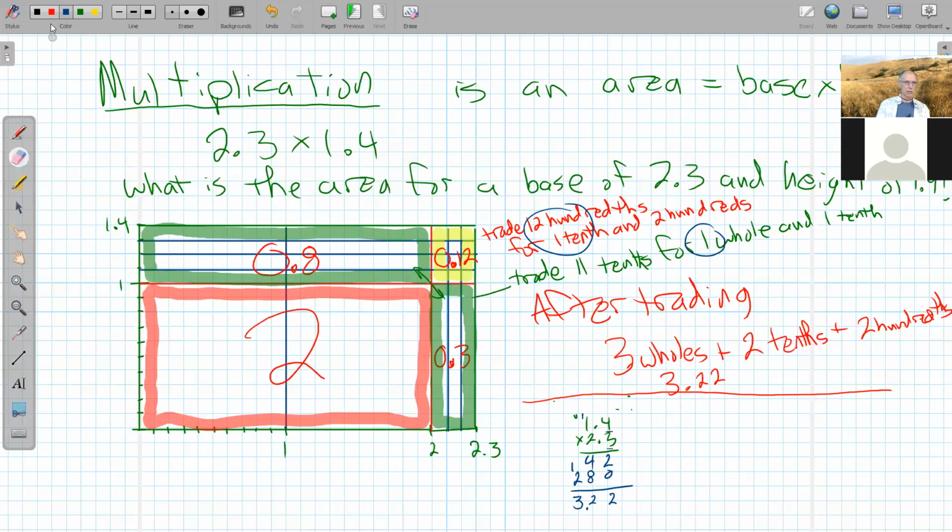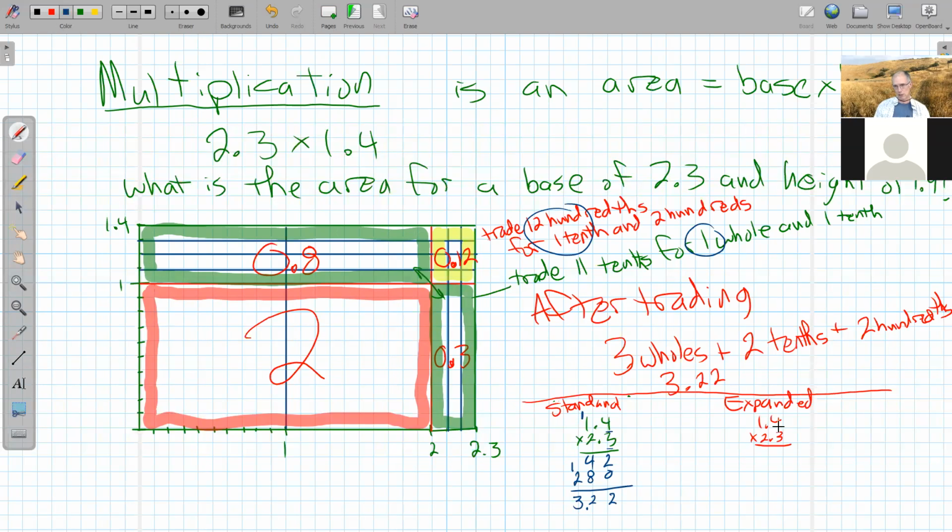Do the expanded next, apparently. Standard algorithm. All right, let's do expanded next. And with the expanded algorithm, we usually think about place value.